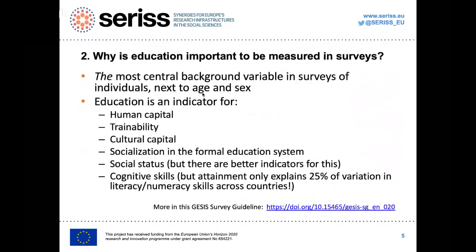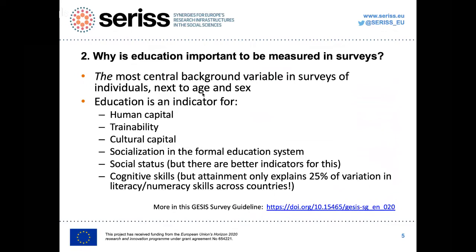Why is education important to be measured in surveys? Well, it is maybe very, very obvious, but I'll state it anyway, because often we use measures of education also in our empirical analysis without really thinking about the reasons why we want to measure or control for it. It's really the most central background variable in surveys of individuals next to age and sex.